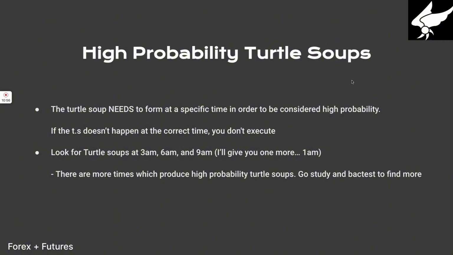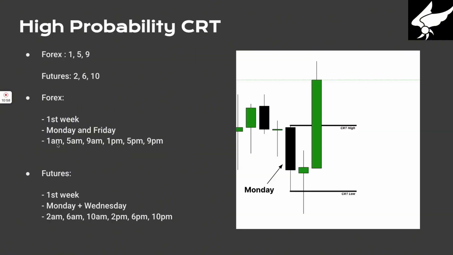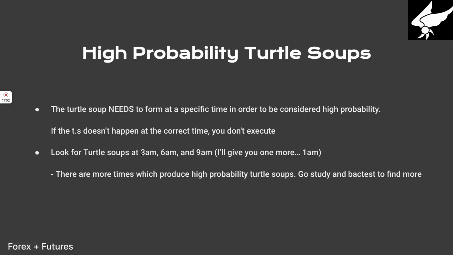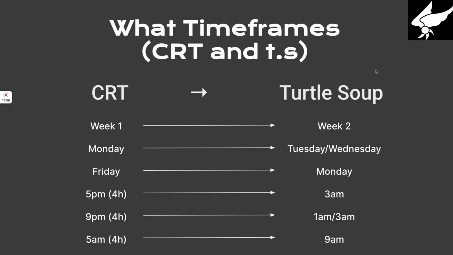This means your CRT ranges, as mentioned before, can form at 2 a.m. and the turtle soup can form at 3 a.m. So, let's align your CRTs with the turtle soups. The CRT range will form on week 1 of the month, and the turtle soup will occur on week 2.